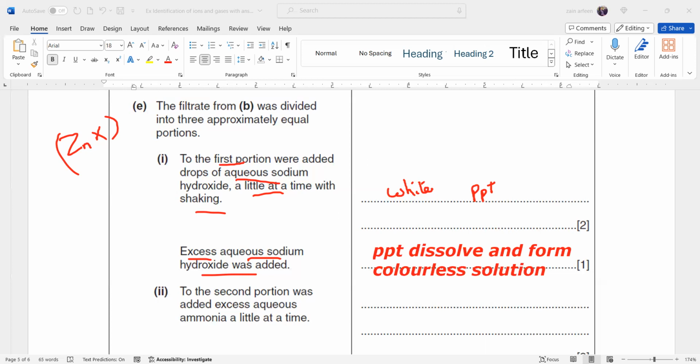To the second portion, we add excess of aqueous ammonia. What is the observation if we add aqueous ammonia? If we have a zinc salt and we add aqueous ammonia, it's the same result.